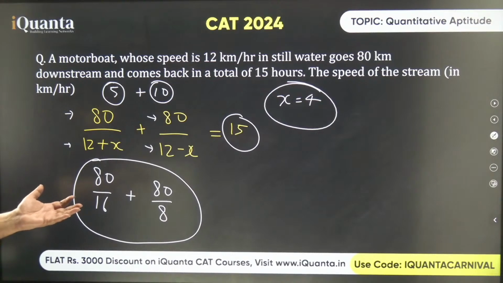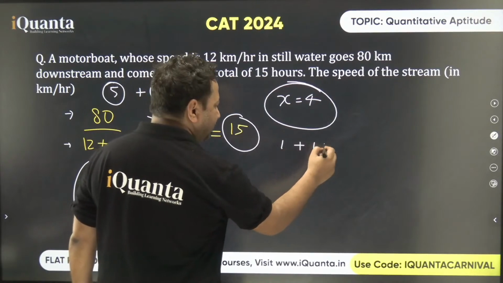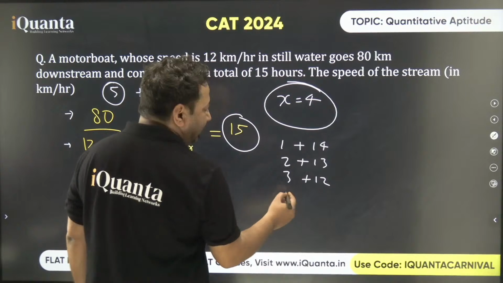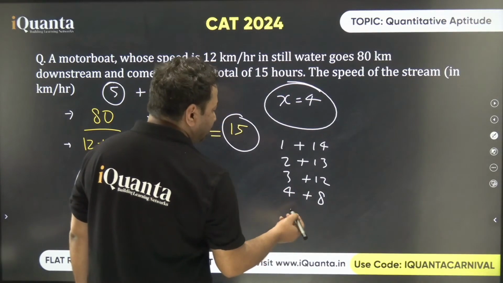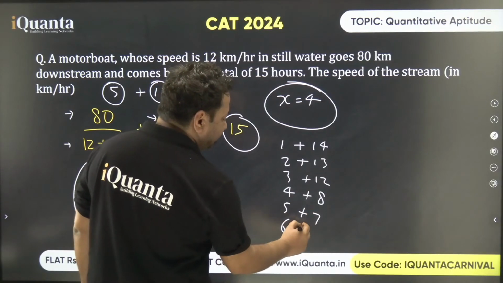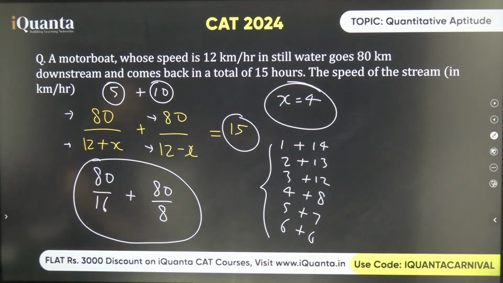Okay? Understood? So what can I do for 15? I can have 1 plus 14, 2 plus 13, 3 plus 12, 4 plus 8, right? What else? 5 plus 7. I can have 6 plus 6. Only 6 possibilities are there, in which case, both the numbers are factors of 80.